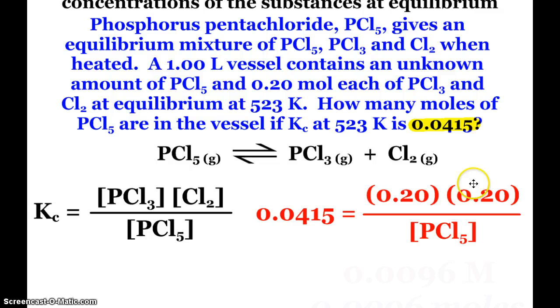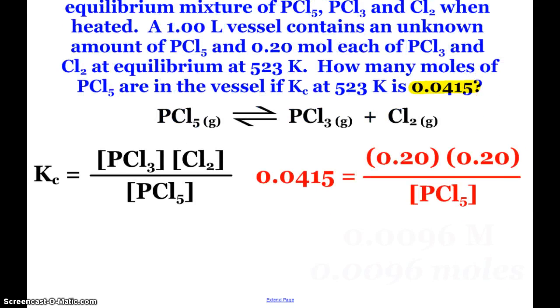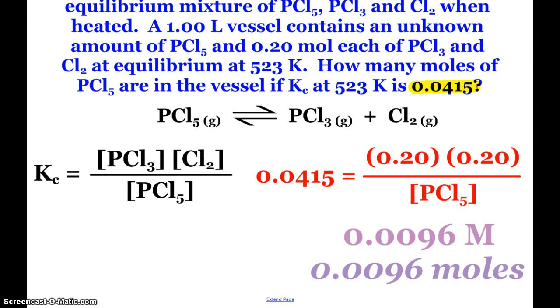And then I don't know my PCl5. So I just have to manipulate that equation to get my answer. So essentially 0.2 squared divided by 0.0415. And I get 0.0096 molar, but again, it's a 1 liter vessel, so I know there's 0.0096 moles of the phosphorus pentachloride.